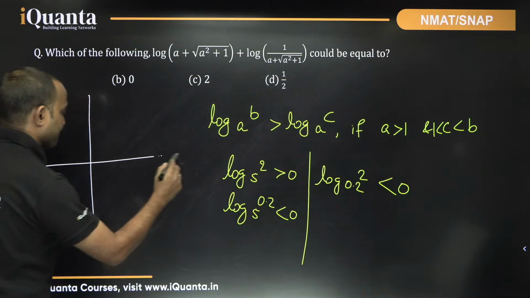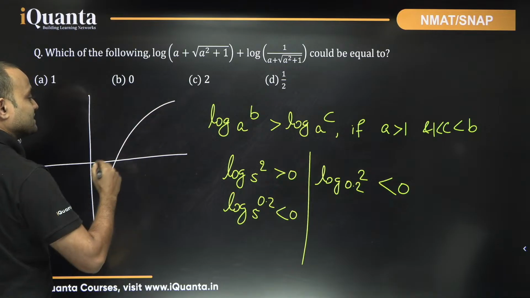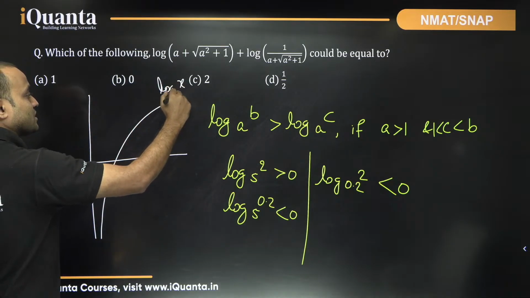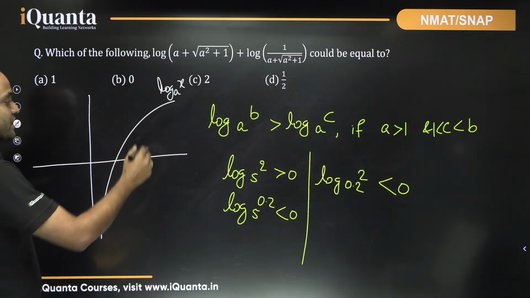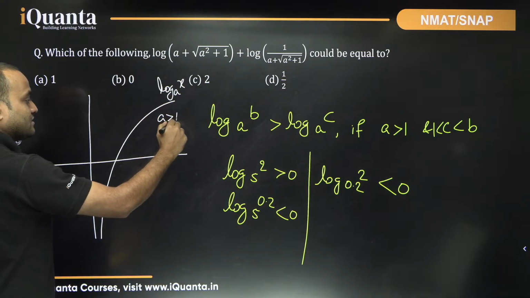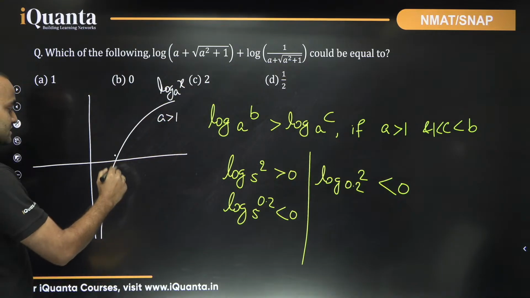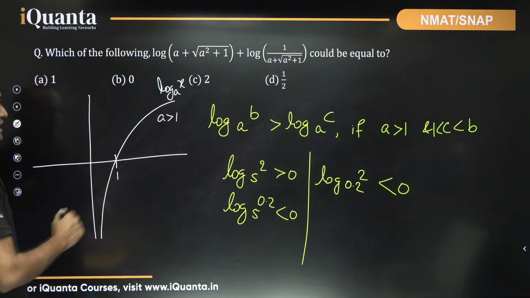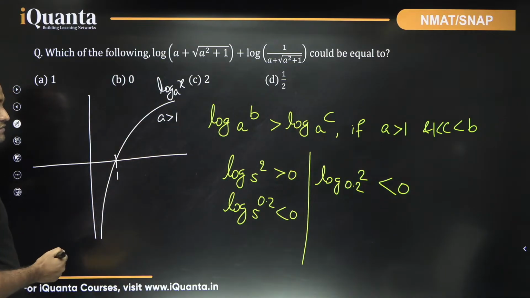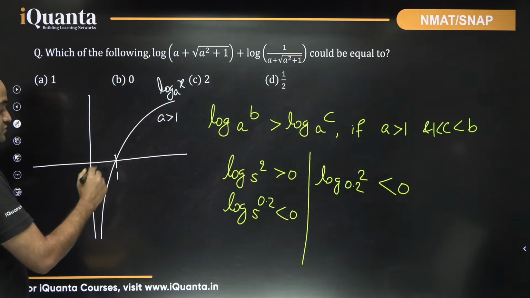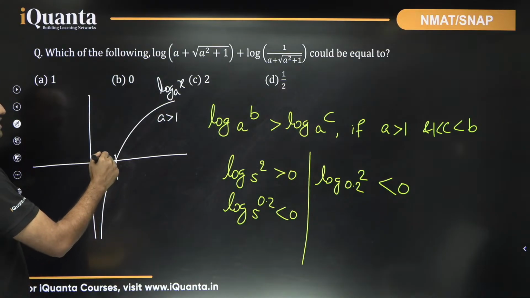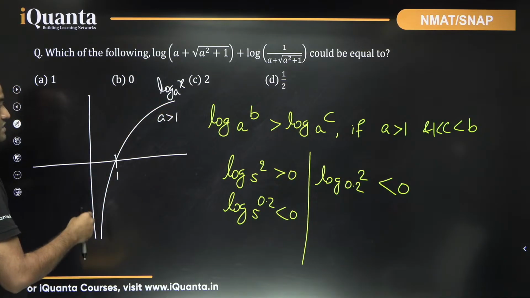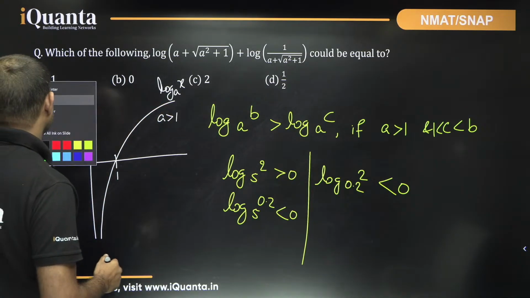See, this is the graph of log x to the base a, where a is greater than 1. This is 1. Where a is greater than 1, this will be the graph, because log 1 will become 0. As soon as you take the value greater than 1, it will become positive and this will become negative.